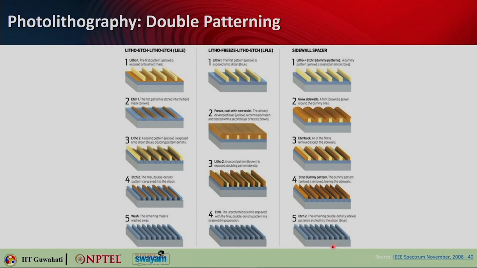The remaining double density sidewall pattern is etched onto the silicon substrate, and from here you can get the double density pattern on the silicon. So, these are three methods of increasing or doubling the pattern density on a silicon wafer.